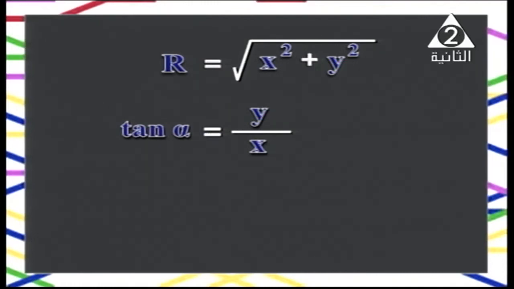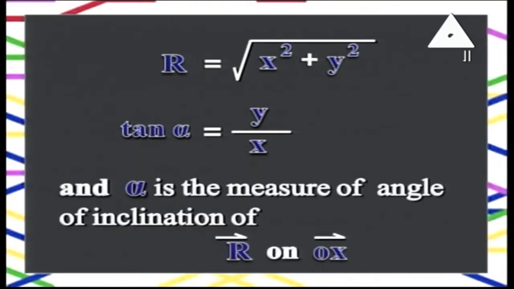If we have a set of coplanar forces acting on a body, then after resolution into two components in perpendicular directions, x axis and y axis, the magnitude of the resultant R equals the square root of x squared plus y squared, and its direction is denoted by tan alpha equals y over x, where alpha is the angle of inclination of R on OX.